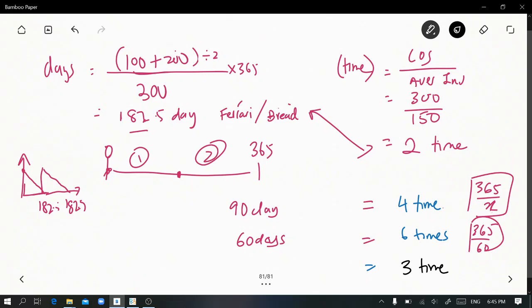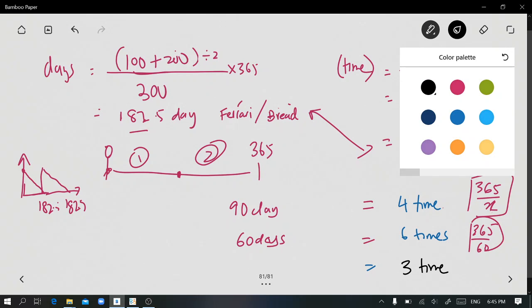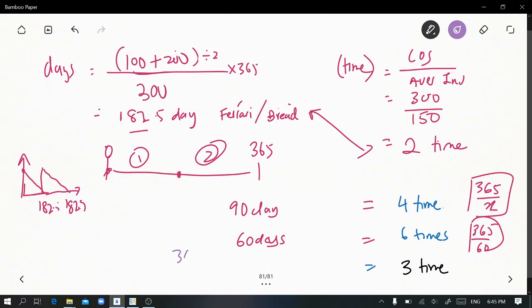Then find how many days: 365 divided by 3 times, about 121.7 days. So you convert from one to the other, always taking 365 and dividing. Right, so this is for inventory.